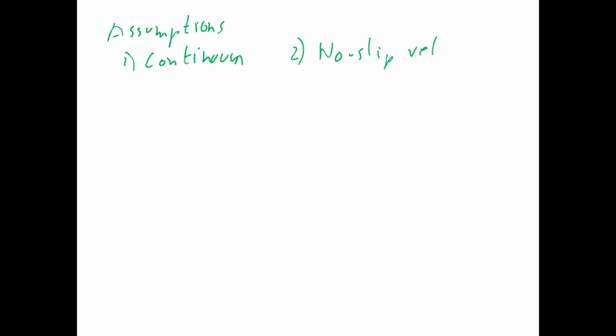So if you want to write the assumptions, you can list them. First is a continuum assumption. You will have no slip at the boundaries, no slip velocity. You have been told that the problem, you're assuming that the problem is steady.